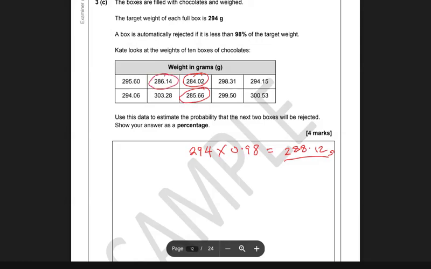That means 3 of the boxes are going to be rejected. So 3 over 10 times 3 over 10 gives you 9 over 100. That gives you 9% rejected.